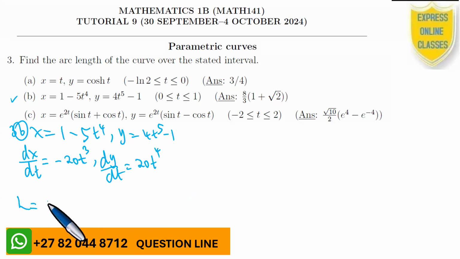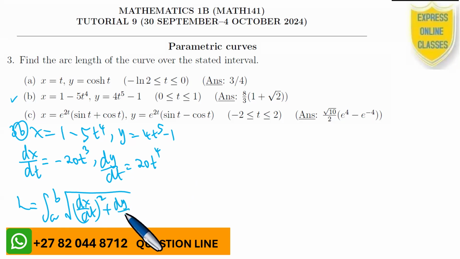But L, we know very well, is the integral from a to b of the square root of (dx/dt) squared plus (dy/dt) squared, dt.